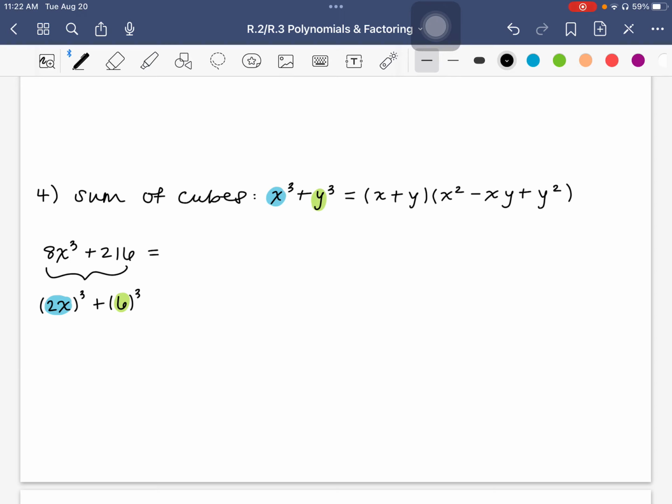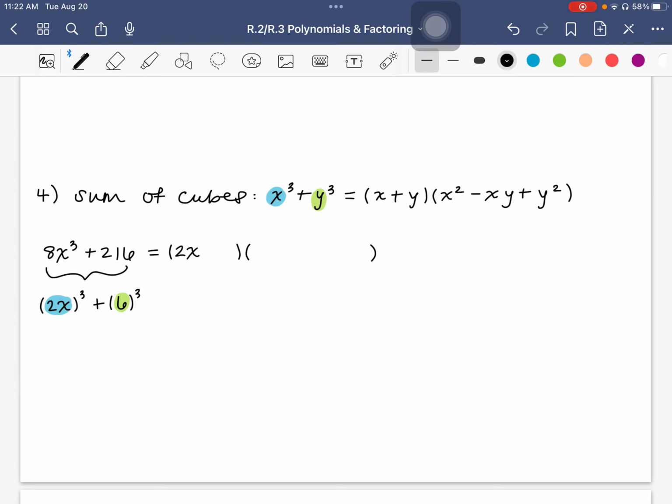So just by thinking of it in that sense, we know we're going to have a binomial times a trinomial. So let me make this a little bit bigger. Right, so we have this binomial times our trinomial. And we know that we're going to have our x term plus our y term as our binomial. And remember I said our x term here is like our 2x.